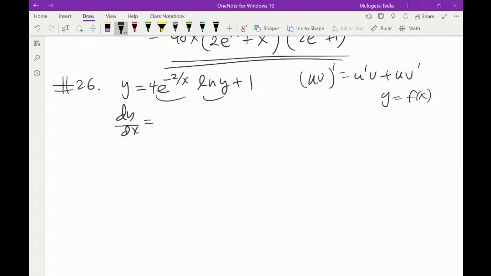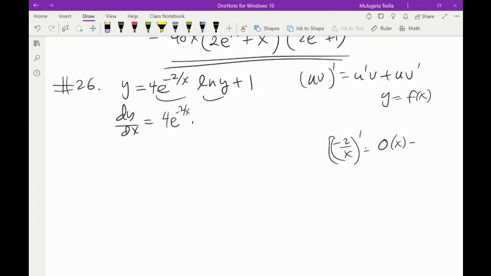So the derivative of the first is 4 times the derivative of minus 2 over x. This derivative is what? It's the quotient rule.